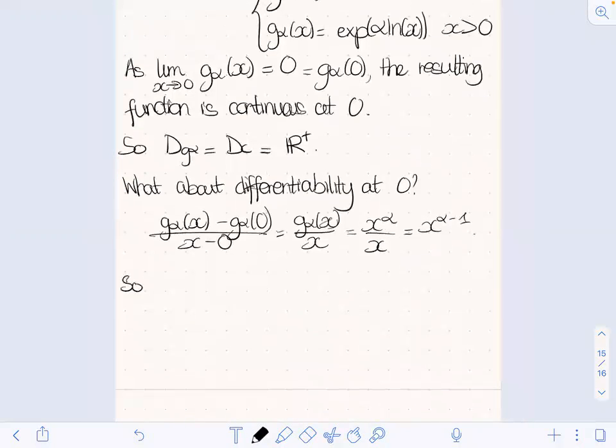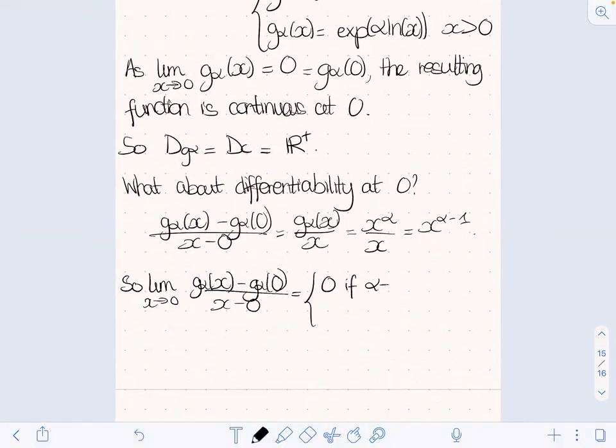And so if we take the limit when x goes to 0 of G alpha of x minus G alpha of 0 divided by x minus 0, we'll get, using this, 0 if alpha minus 1 is positive, and plus infinity if alpha minus 1 is strictly negative.